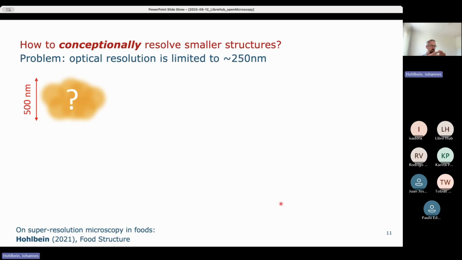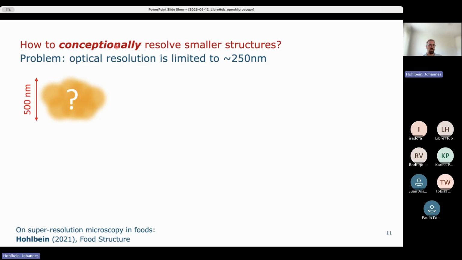We know that the intensity distribution of the fluorophore is always a couple of 100 nanometers. But we also know that if we fit the emission of a single molecule, we can get a localization precision on the order of 20 nanometers. So if we now have a structure where we have many emitters placed, then normally they would all overlap, and we cannot resolve any structure that is smaller than this value of roughly 250 nanometers.